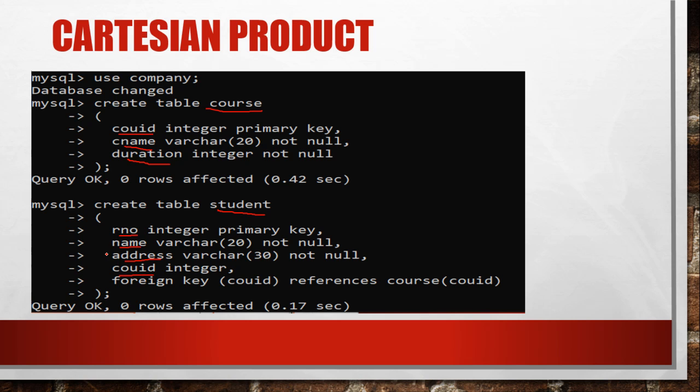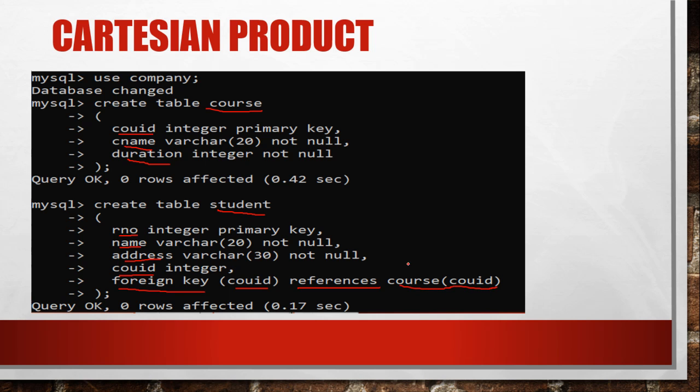And in this case I have created the course ID of this table as a foreign key. And how will I do that? You can see this line: foreign key COUID references course table course ID.